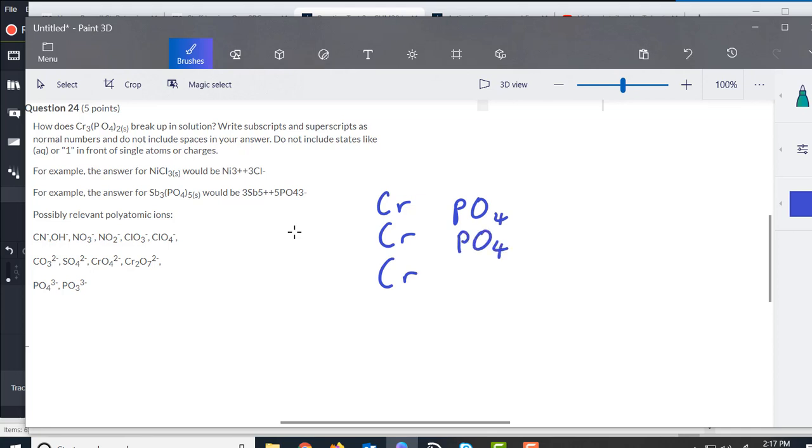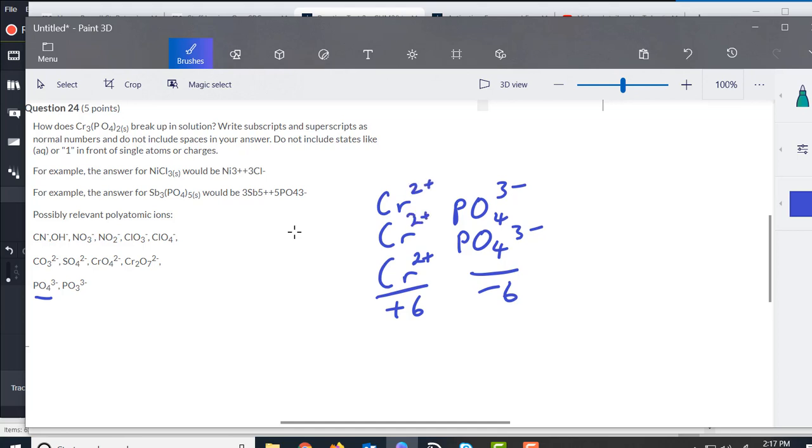So that would be with the charges 3 minus, 3 minus, and you can see here I actually do give you the charges down here, so you don't even have to go look them up. So it'd be 3 minus and 3 minus. That's negative 6 over here. That means that has to be positive 6 for the chromiums to match, which means each of those has to be 2 plus.